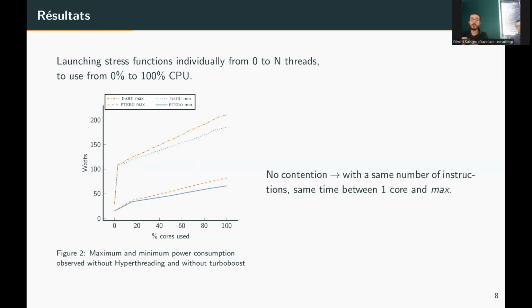We deactivated hyperthreading and turboboost, so we only use physical cores. Basically one process per core, from 0 to the max number of cores. And it's also important that we don't have any contention, so we don't have two processes fighting for the same core.